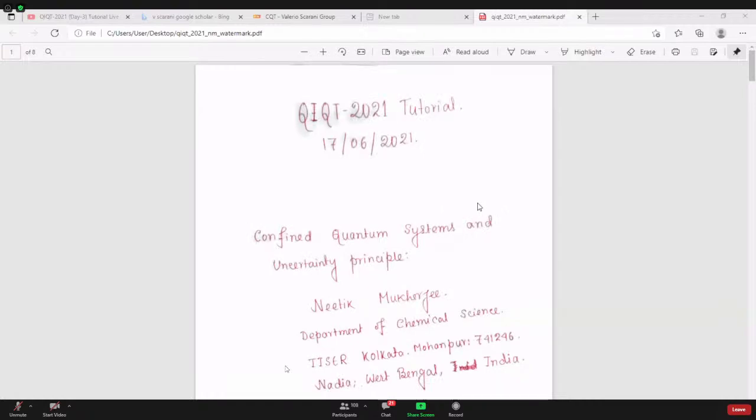Sir, can you turn off the annotations option, because there are people who actually use it to draw on the screen? Can you please turn that off?